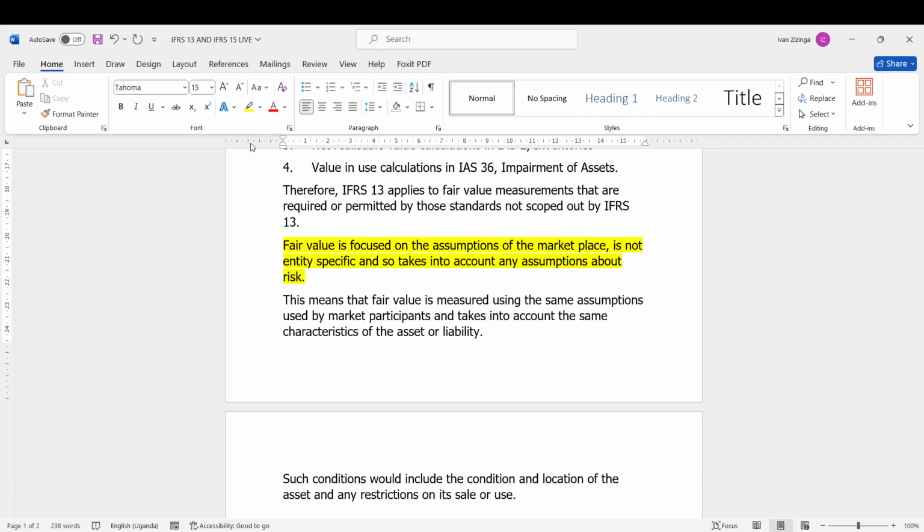That's why we are saying that fair value is always focused on the assumption of the market. Whatever the market participants are willing to offer, or whatever the market participants are willing to use the asset for, is what should be attached to your asset, but not what the entity thinks the asset should be used for.